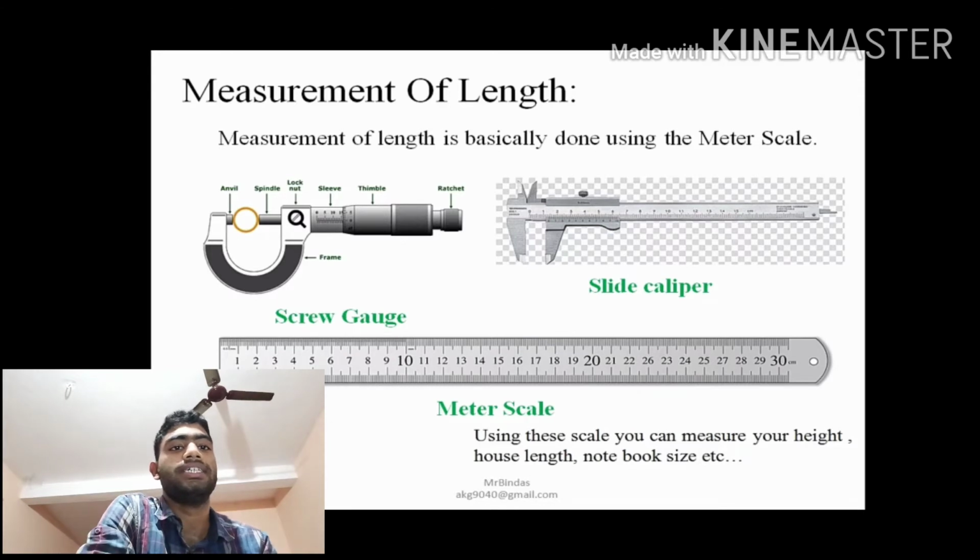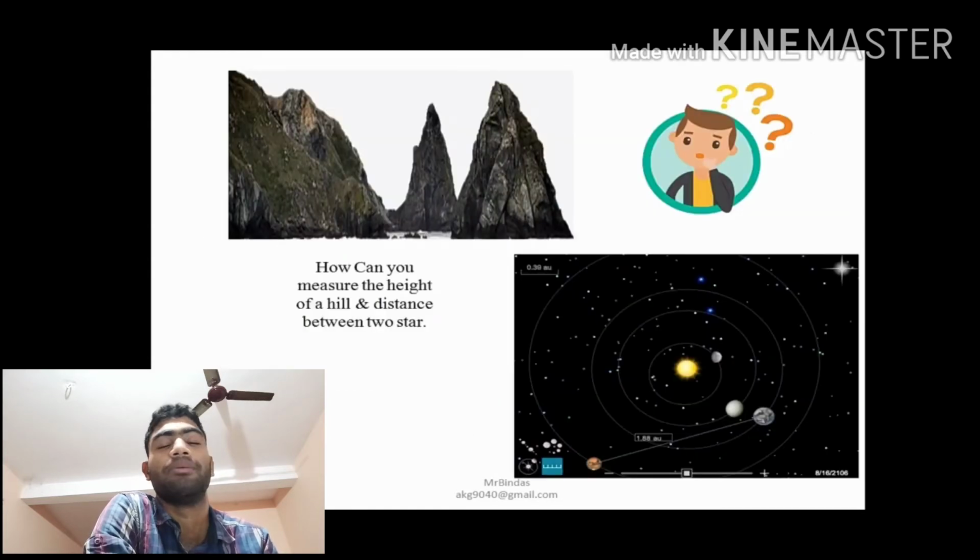But all these measurement tools are used to measure a specific range of length. But if you want to measure the height of a mountain, the distance between two planets, or the distance of a planet from the earth, then how can you measure?